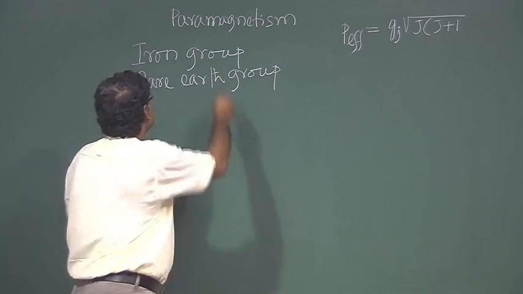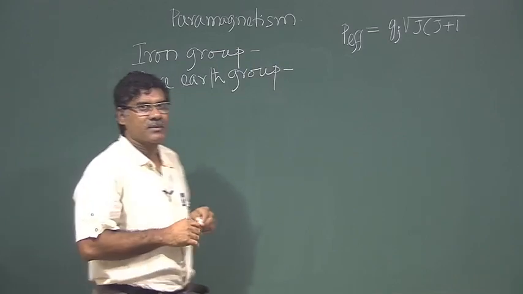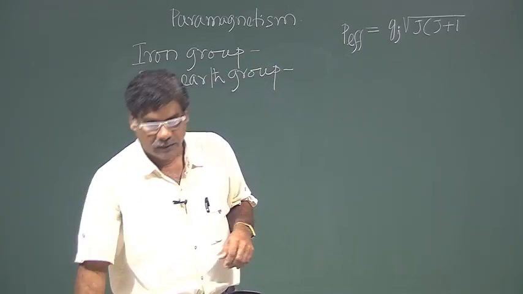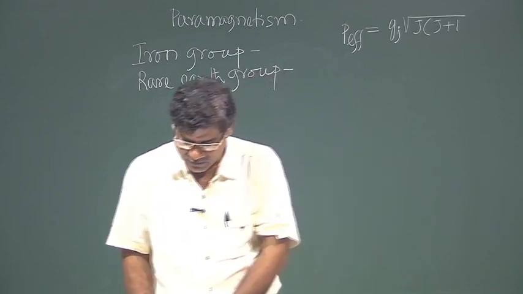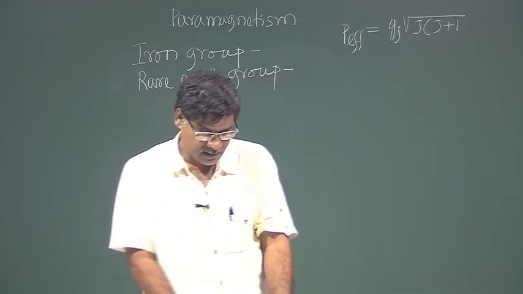So, which one is iron group and which one is rare earth group? If you see the periodic table, I will show you.